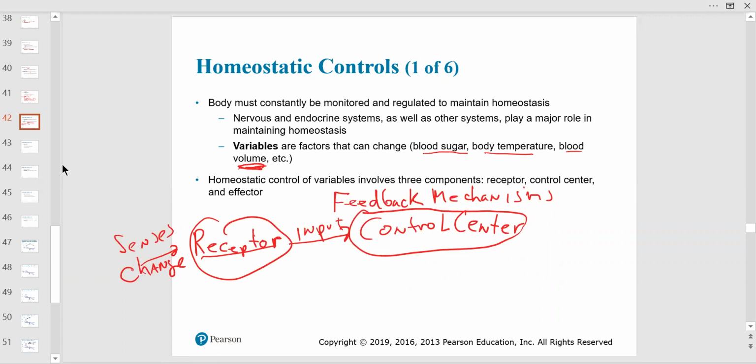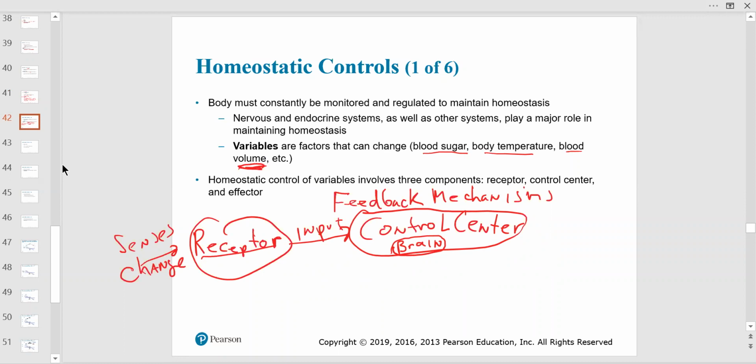Medulla oblongata. So basically the brain is most of the time, but for blood sugar, it's not. For blood sugar, we don't need the brain. That just happens in the pancreas. But everything else, like blood pressure, body temperature, blood volume, heart rate, respiratory rate, are controlled by the brain.